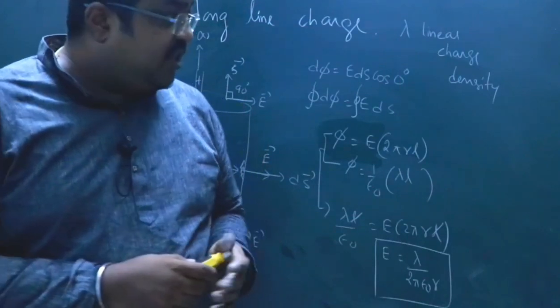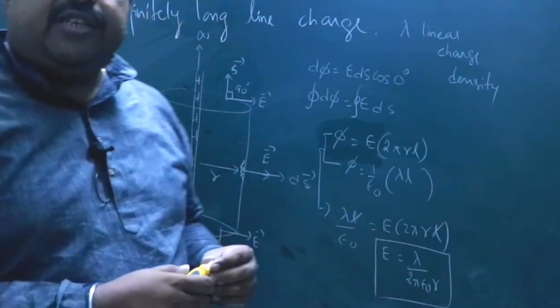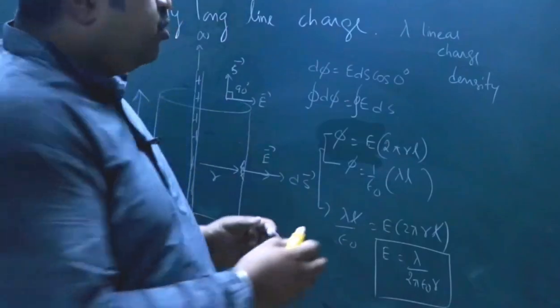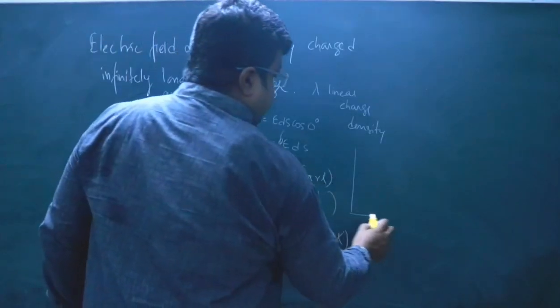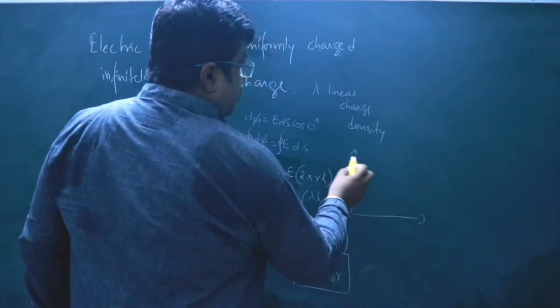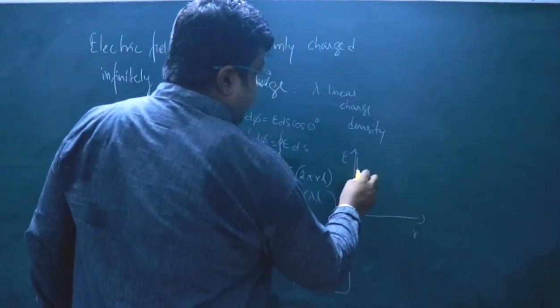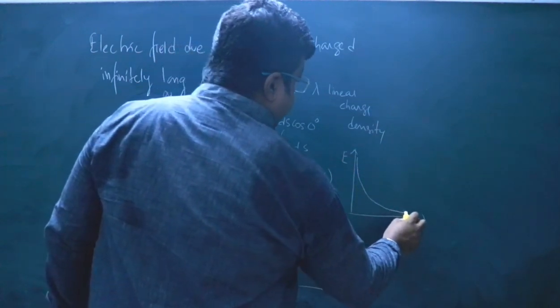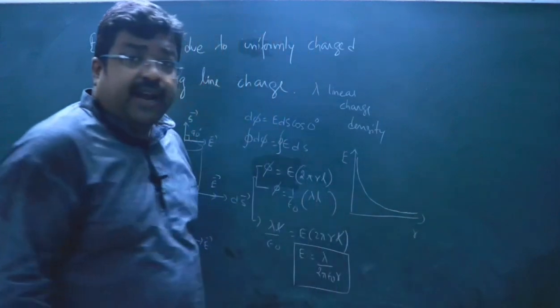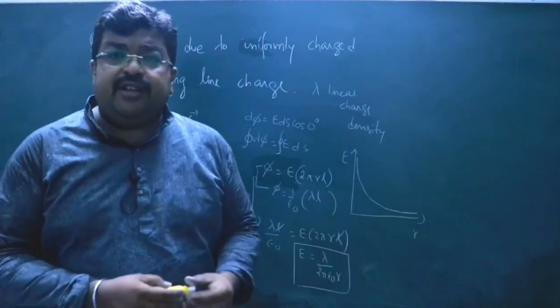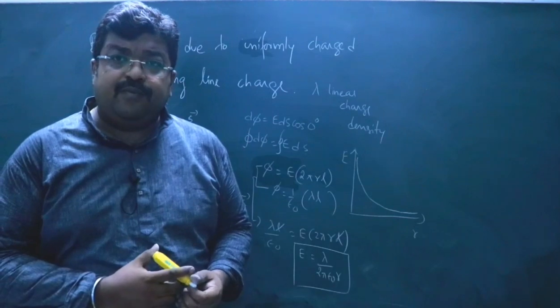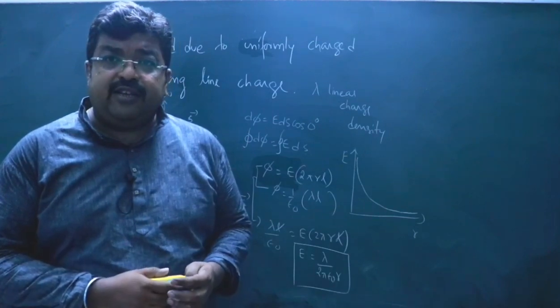As you can see here, E is inversely proportional to R. So when you are very close to the line charge, the electric field intensity will be very high, and as you move away, the electric field intensity will keep on decreasing, and at infinity, the electric field intensity will become 0. So this is for a line charge.